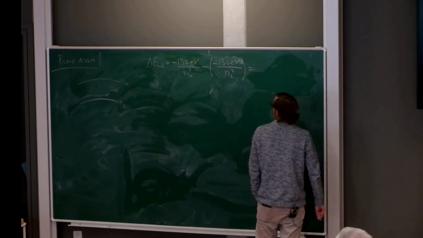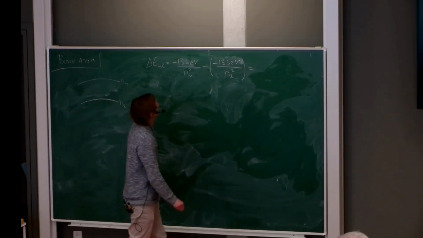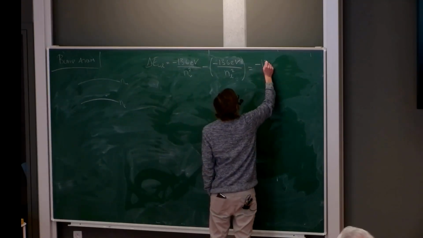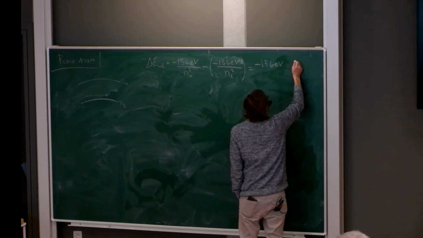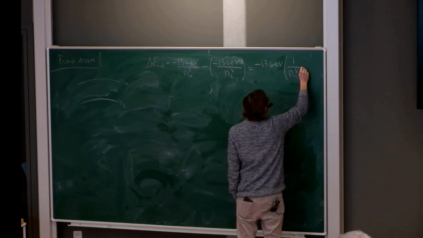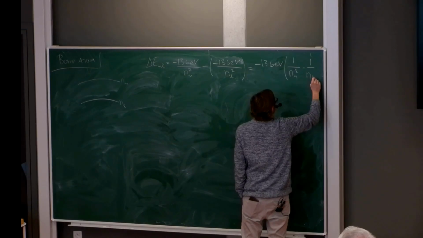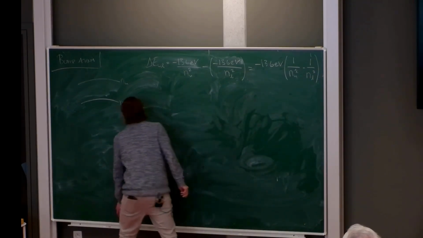So if we put that as minus 13.6 electron volt, or R1, then we can write 1 divided by n upper squared minus 1 divided by n lower squared. Okay?